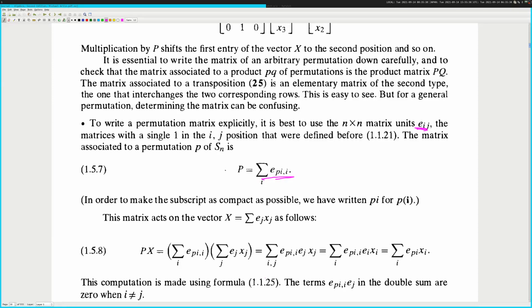We switch to green because we're glowing in the dark. This matrix acts on the vector x as follows. I have to decipher this equation and then tell you what it means. Px equals... okay, so it's the product of two sums.